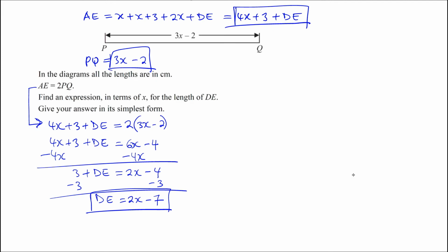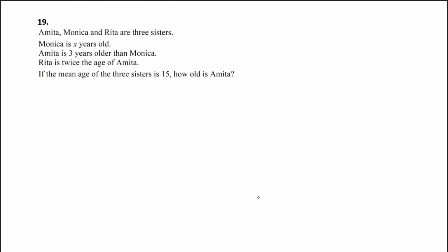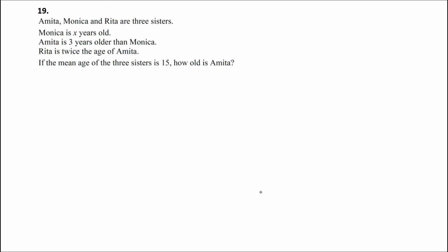All right, let's carry on to number 19. So in number 19, we have Amita, Monica, and Rita. They are sisters. Monica is x years old. So Monica is x. Amita is 3 years older than Monica.